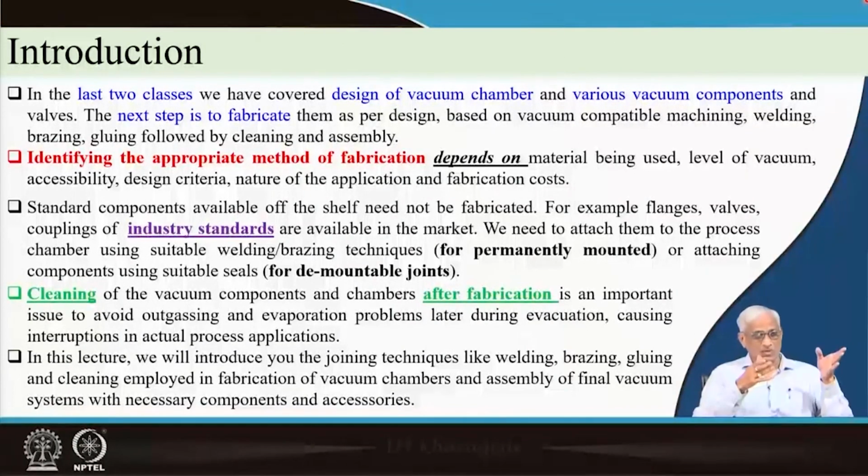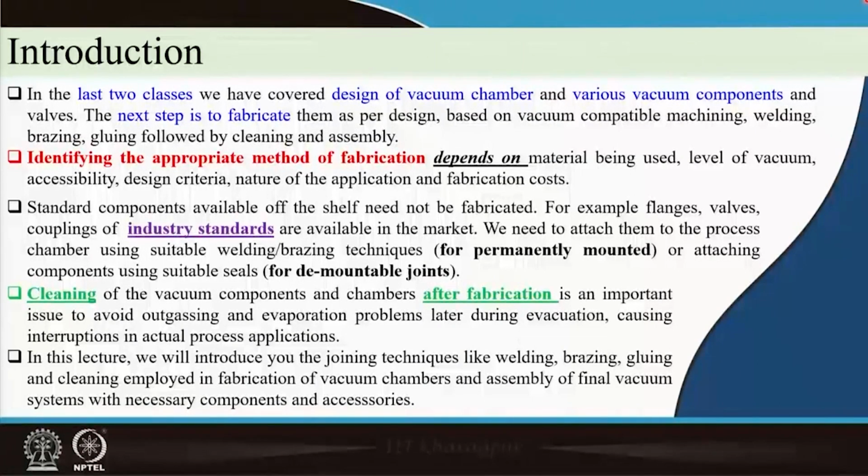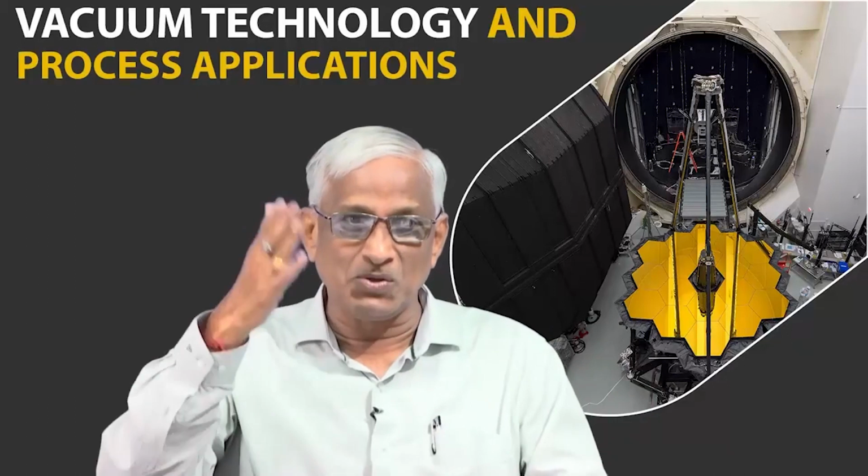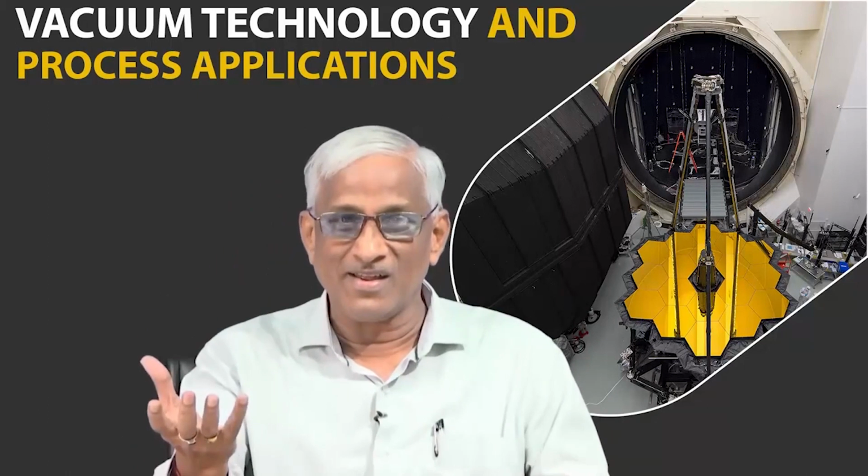In the last 2-3 classes, we have already discussed chambers and materials for vacuum systems, because today's world is advanced materials. For example, in semiconductor technology, 30-40% of the cost is to make a semiconductor initially from nature, from the sand. You have to bring it to high purity silicon.